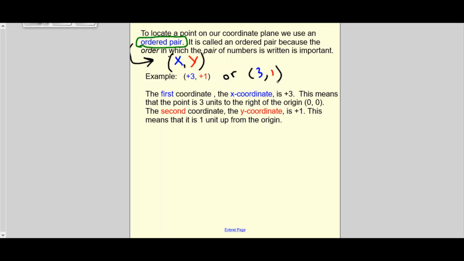The way that we would plot this in the coordinate plane is if you create your x and y axis. So here's my x, and here's my y. The first coordinate is the x coordinate. This means that the point 3 is 3 units to the right of the origin. So you start at the origin. So here's the origin.